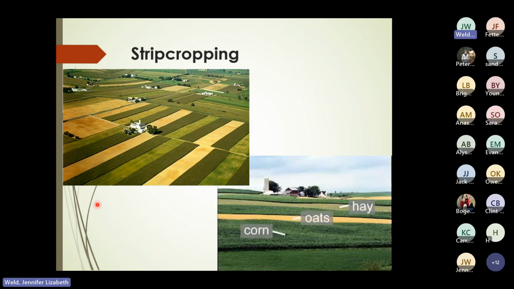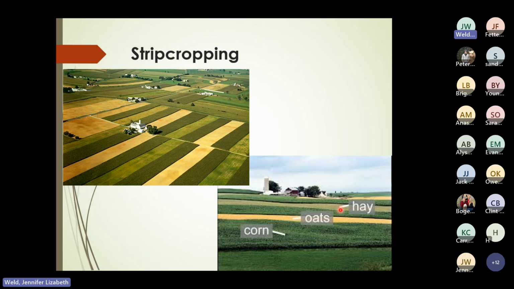This is an example of what strip cropping might look like. In this case, it looks different than the contour farming because it doesn't look like that topographic map, right? The fields are laid out more just as strips as opposed to along the contour, but you can combine them where you use the strip cropping on the contour as well.